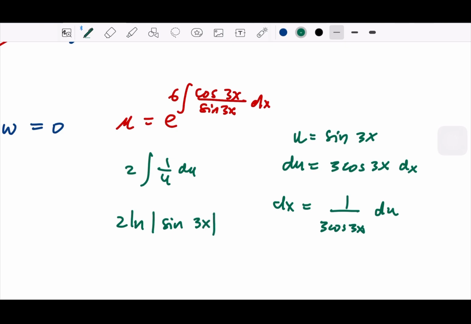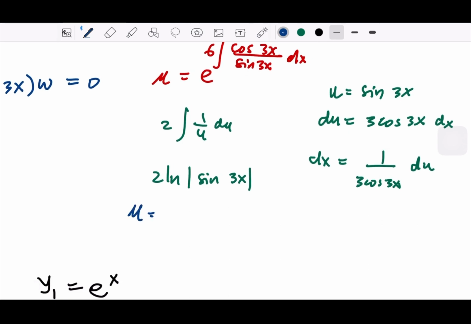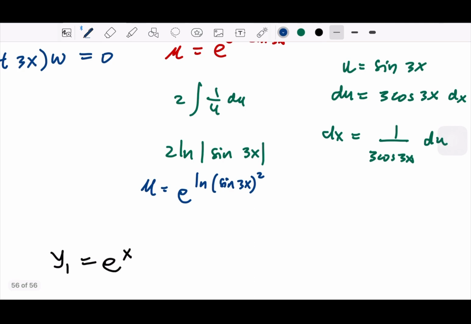So the integrating factor is e to the ln sine 3x, squared like that. And we can cancel e and ln, right? So we can write sine squared 3x, okay?